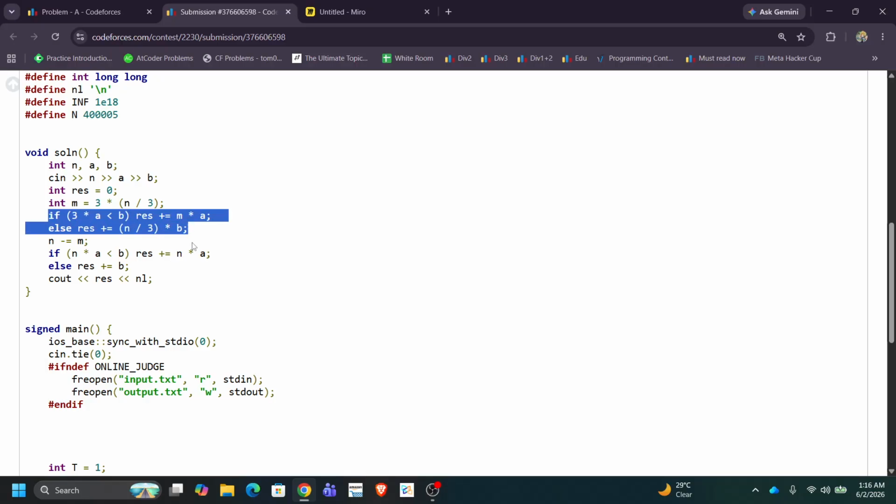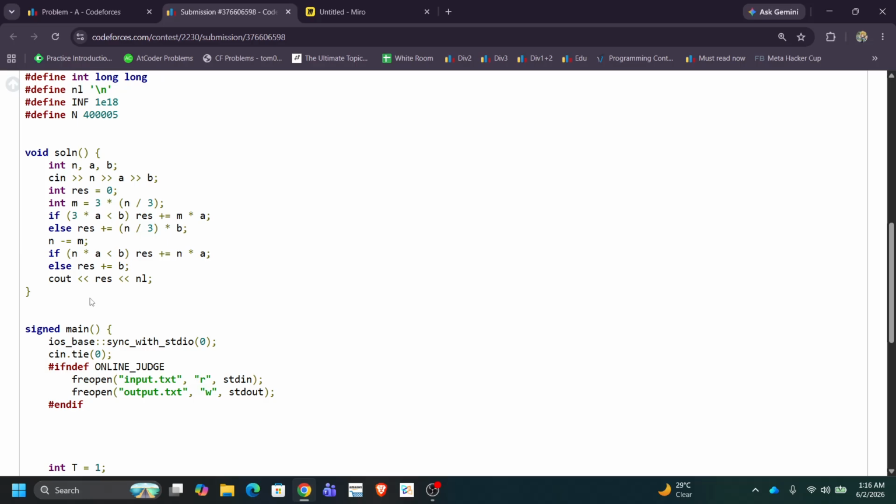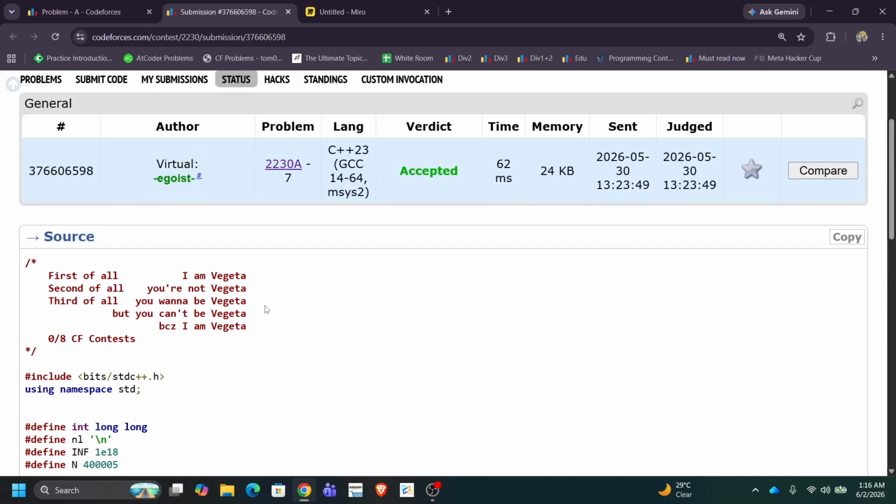So we basically took the minimum of them. Then we subtracted this m from n, which is the remainder, and we compared whether the remaining part times a is less than b. If so, we assign each of them individually, otherwise we add the group cost. So that's the result.